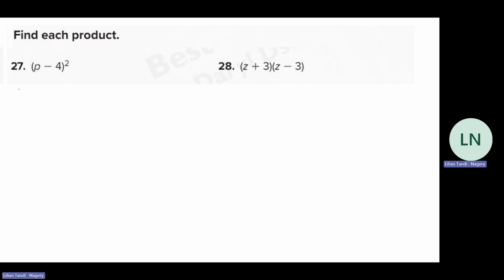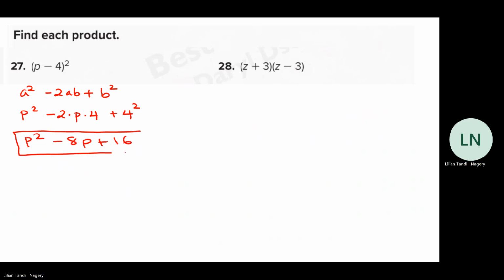This one will be a squared minus 2ab plus b squared. So p squared minus 2 times p times 4 plus 4 squared. P squared minus 8p plus 16. Same thing here.